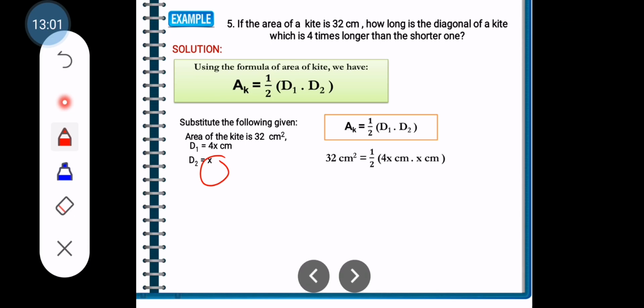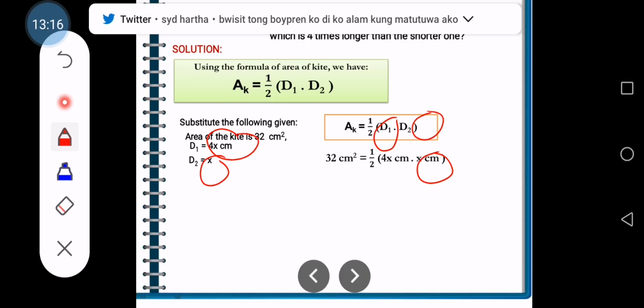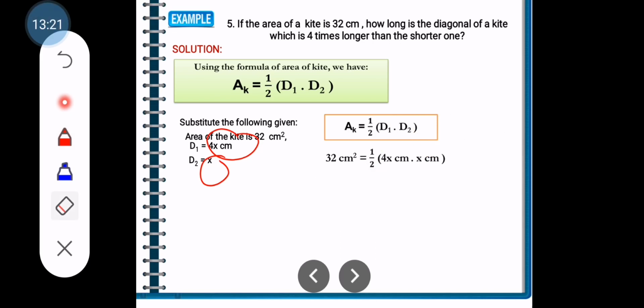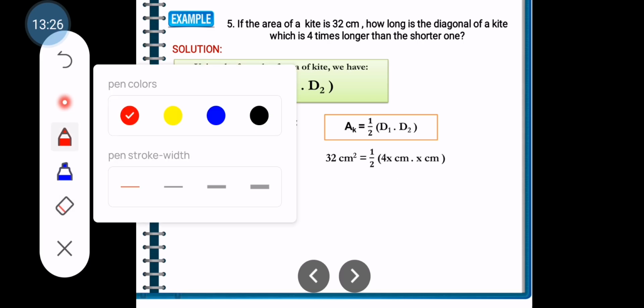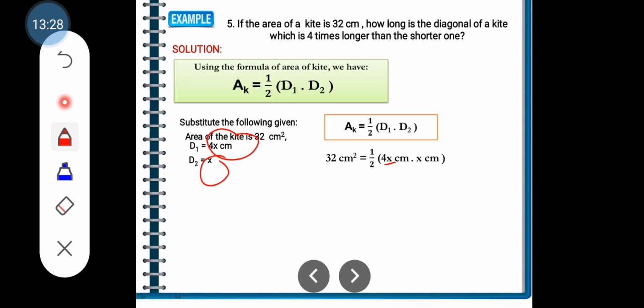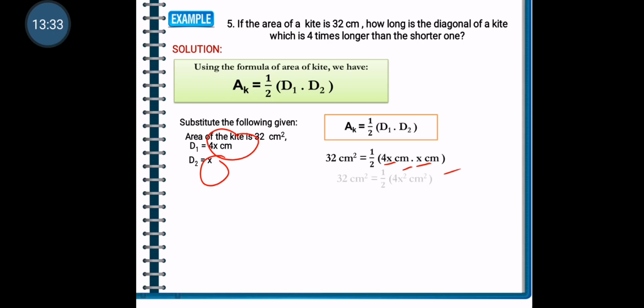Ayun, diameter 1 and diameter 2, nagkabaliktad sila sa 4x centimeters. And then, 4x times x, tsaka centimeters times centimeters. So, that will be 4x square and square centimeter.